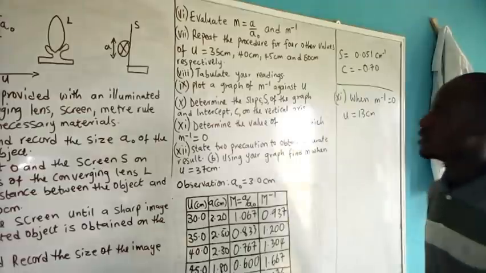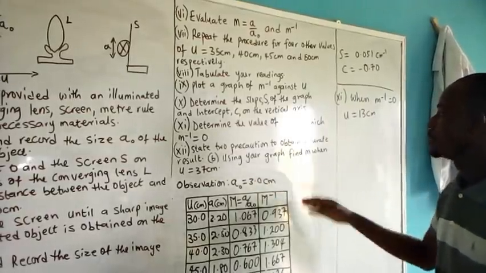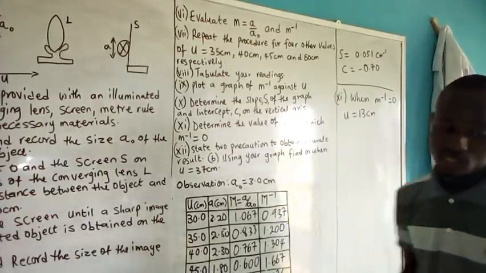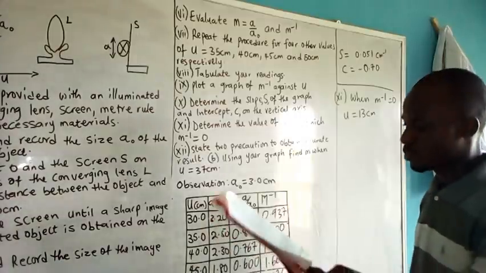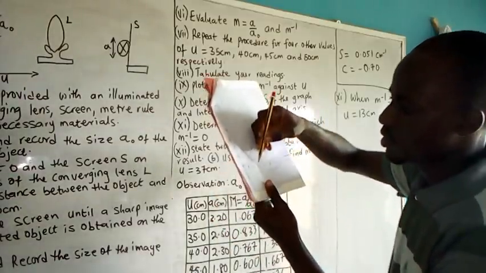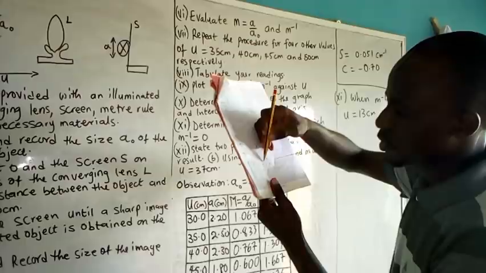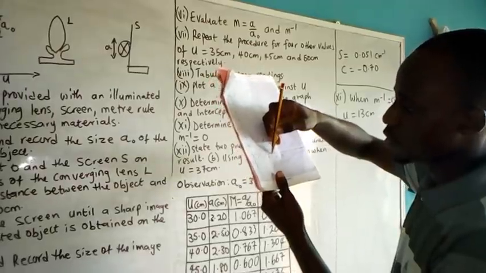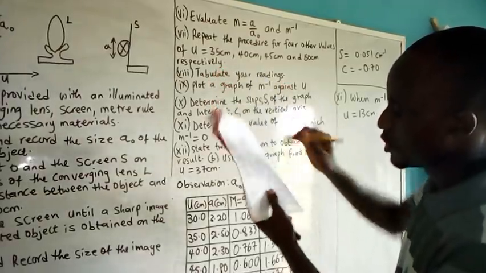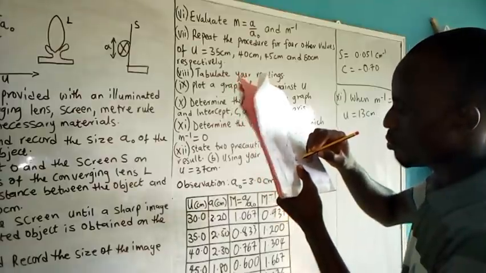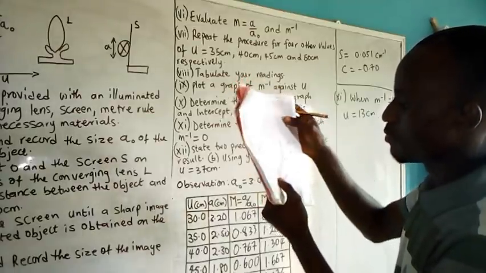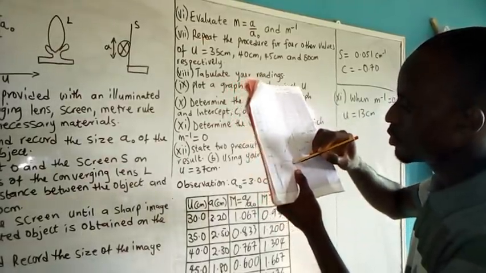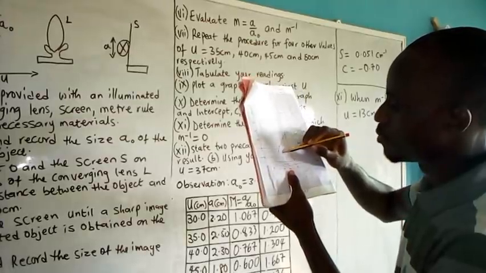Lastly, they said using your graph, find m when u is 37. We can also use our graph to do that. Here we have 30, 31, 32, this is 35 actually, 36, 37. So we are tracing that 37 up the graph.